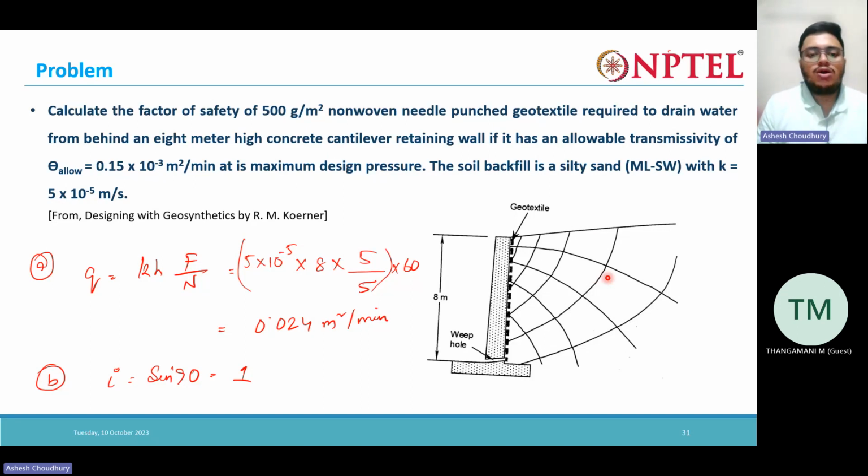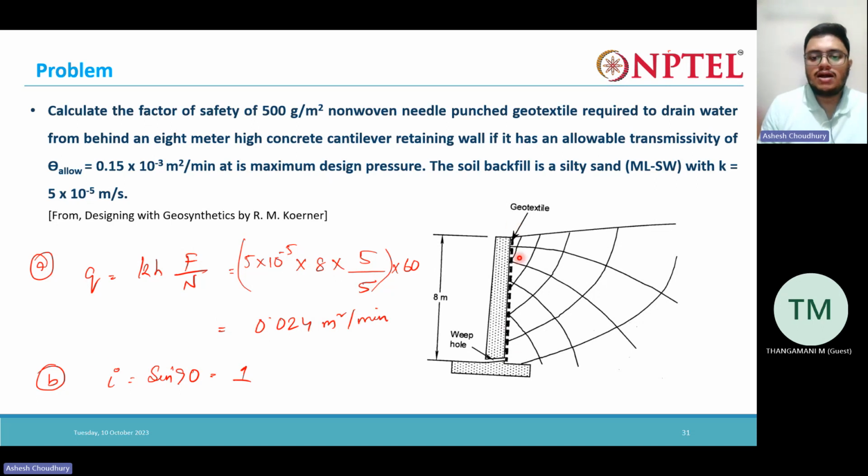Then one more problem is solved, where we have a retaining wall. Behind the retaining wall, we have a non-woven needle punched geotextile acting for drainage purposes. Similar to the previous one, here also we have to draw the flow lines and equipotential lines and then find out the flow.